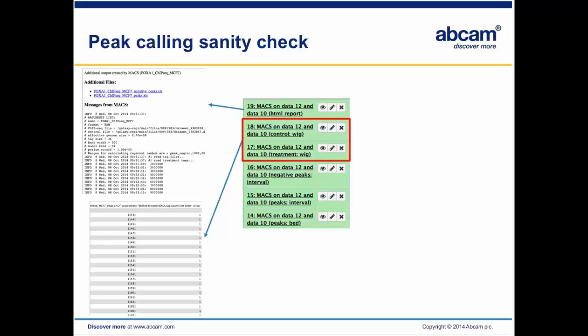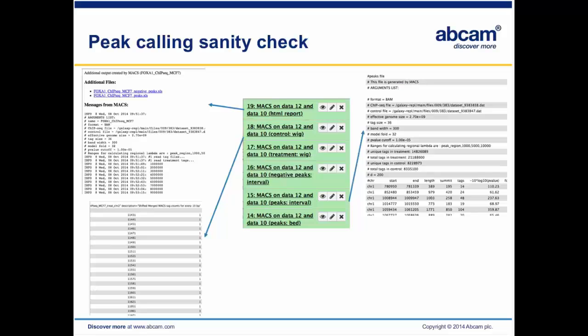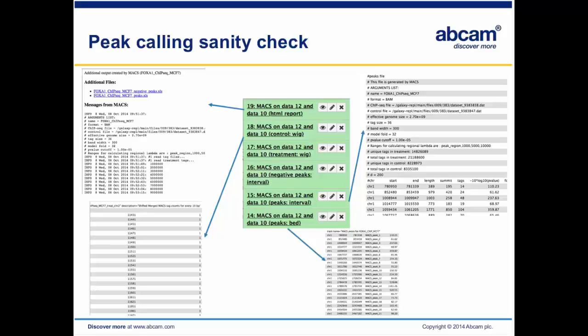The fifth file here is a peak interval file containing the enriched region of your protein, in this case FOXA1. The last file is a BED file for visualizing peak position in a genome browser. Both the interval and BED files are simple text files.